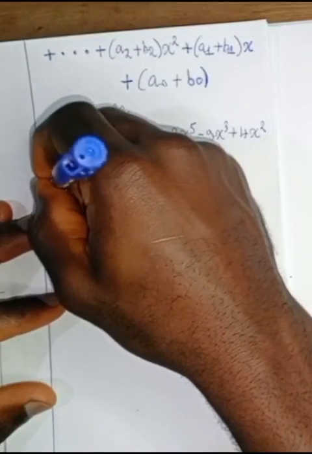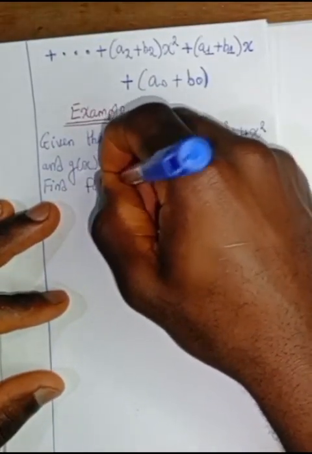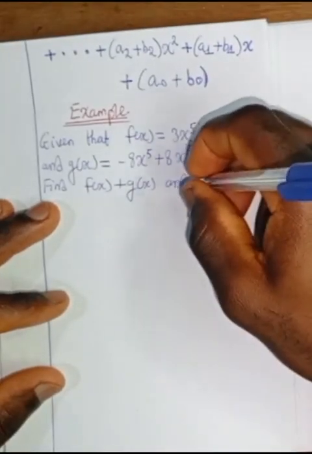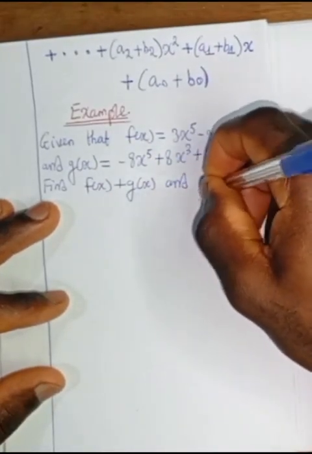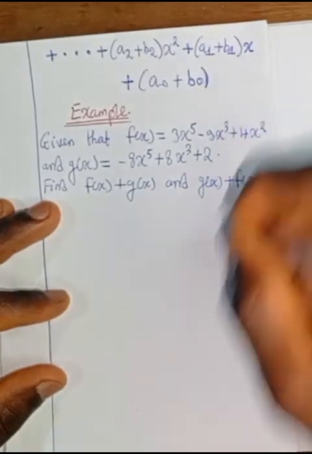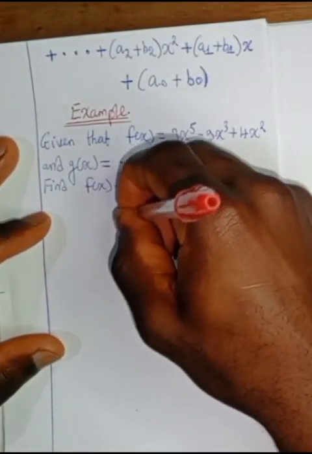Find, the first question, f of x plus g of x, and the second question, g of x plus f of x. We take solution.